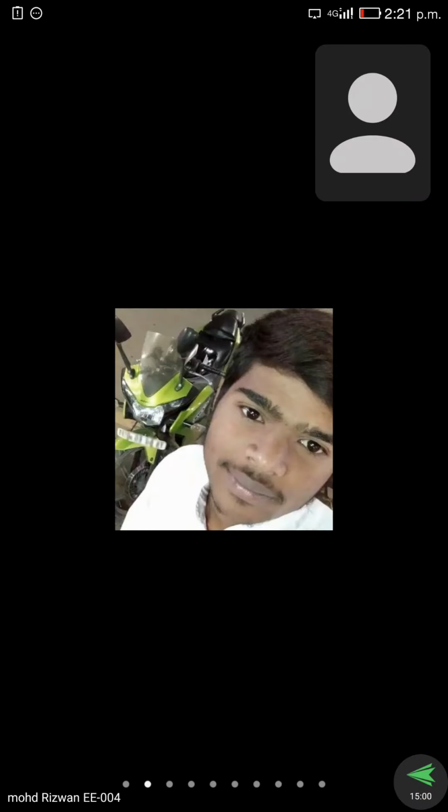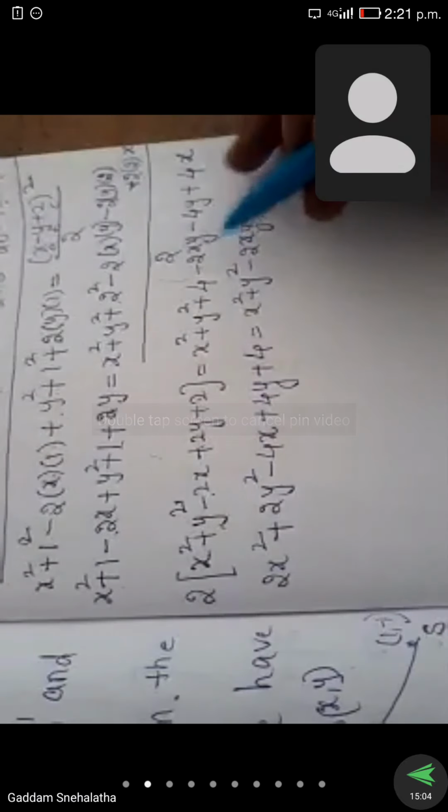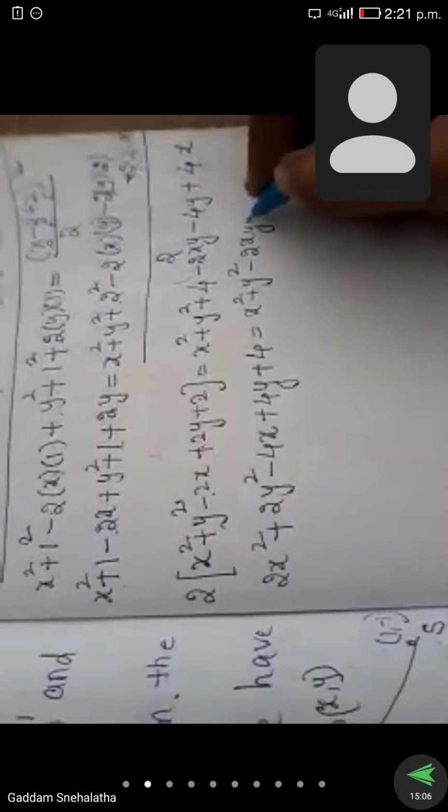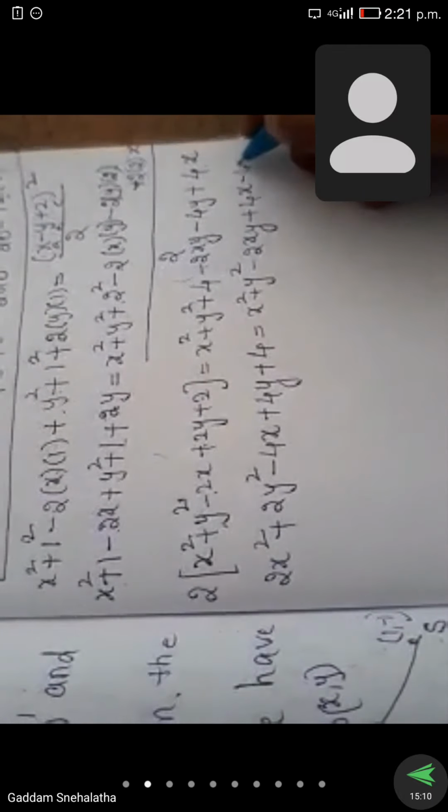It is equal to x square plus y square. Next write the xy term, minus 2xy. Next the x term and y term: the x term is plus 4x, the y term is minus 4y. The next constant is plus 4.